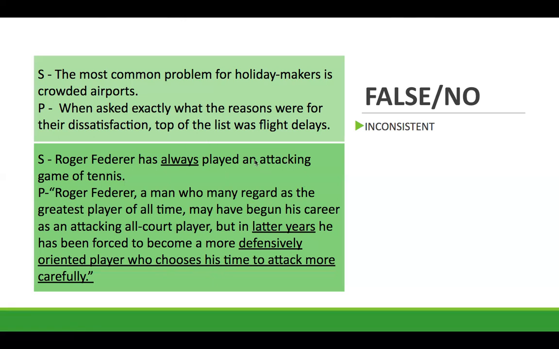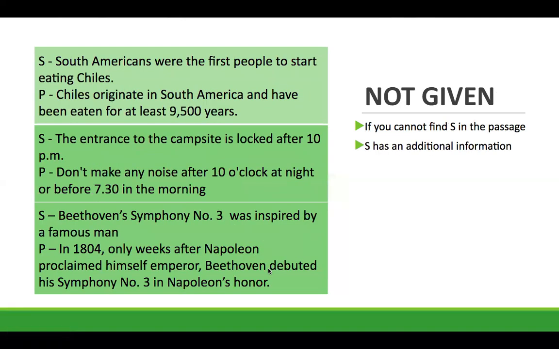Always played on attacking versus defensively oriented player who chooses his time to attack more carefully. It's inconsistent. They are saying two different things. One says always played an attacking game versus a defensively oriented player who chooses his time to attack more carefully. So it's a false.